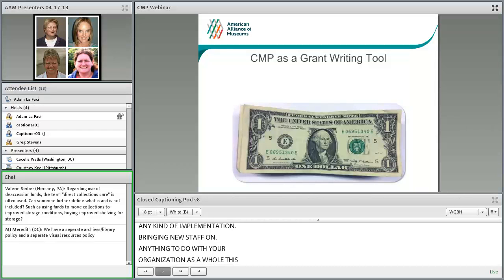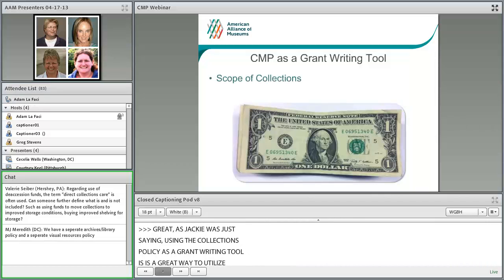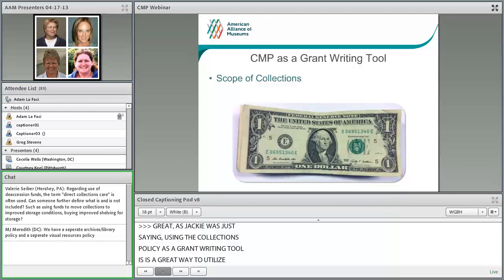Great, and as Jackie was just saying, using the collections policy as a grant writing tool is a great way to utilize this document. You can use the scope of collection statement itself as a cut and paste into a grant proposal.